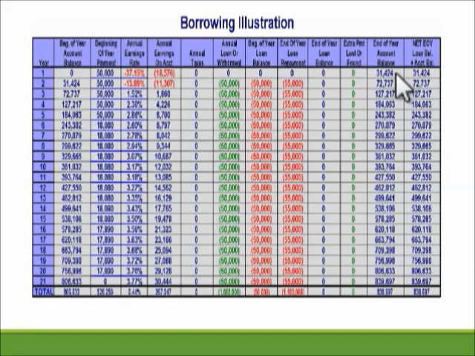But for this illustration, we're starting the loan process in the second year, where during that time you will have the $50,000 available to borrow from. At the end of the second year, you have over $72,000 in cash, and then the positive interest starts accumulating, and it goes up from there, becoming more and more efficient as the years go by.